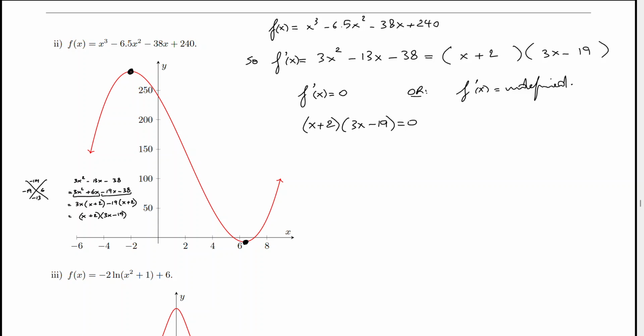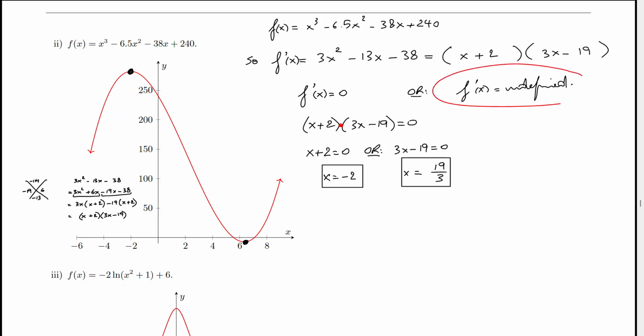And since this is in fact a product, we can use the zero product property to break this down even further. For the product to be 0, it's enough for the first term to be 0 or the second term to be equal to 0. So this means that x has to be negative 2 or x has to be 19 over 3. So these are the two critical values that we get from the first half of the problem.